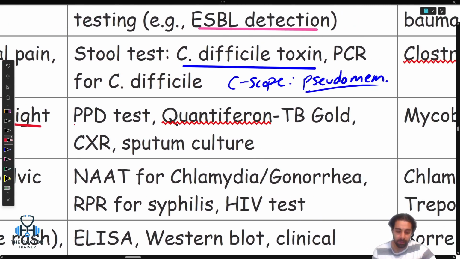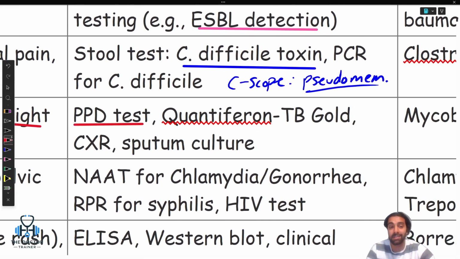So PPD testing, they still like to test you on this, so know your numbers when it comes to PPD testing, and it's important to know your numbers in the context of if they're in an immunocompromised state because the thresholds drop for those. Quantiferon gold is not a bad one. And then typically we get a chest x-ray in these patients because if they're exposed, if they're having weight loss, fevers, cough, you want to get a chest x-ray.